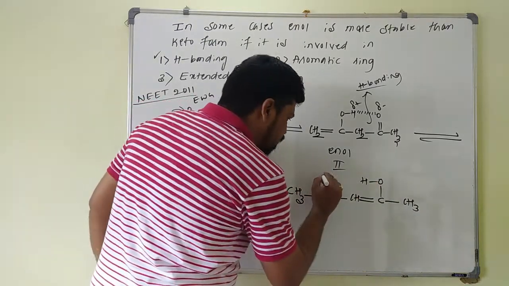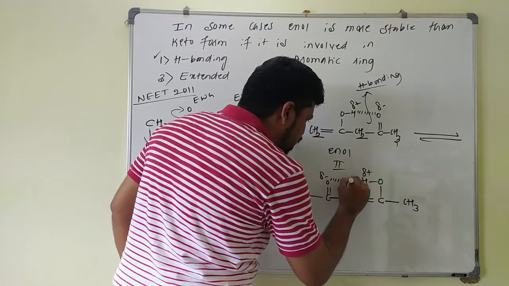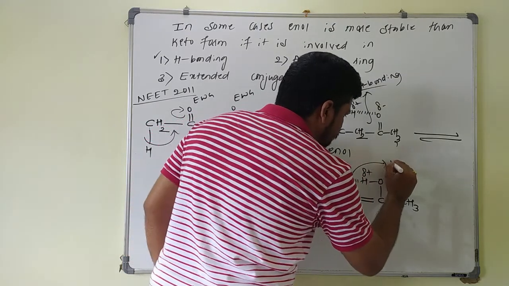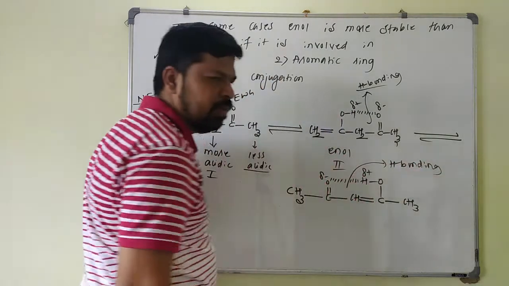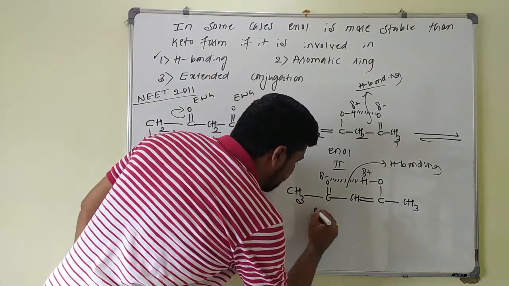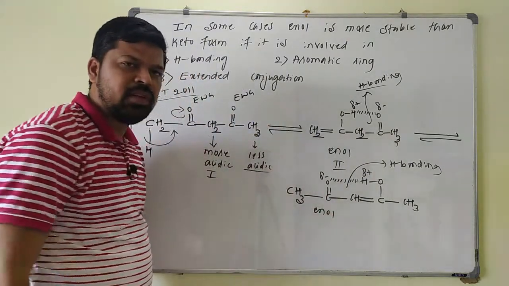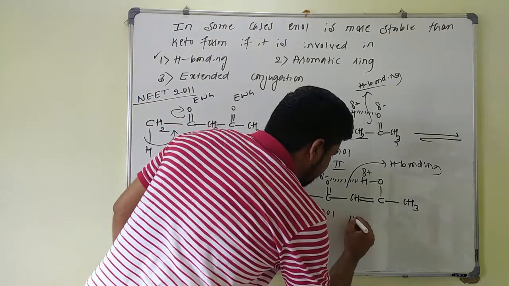Again, this is partial negative and this is partial positive. Between these two, hydrogen bonding is possible. Now see here, this is again an enol form. It is also involved in hydrogen bonding. We will take it as structure 3 here.